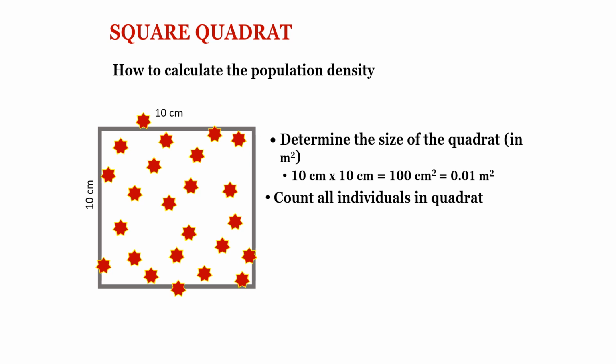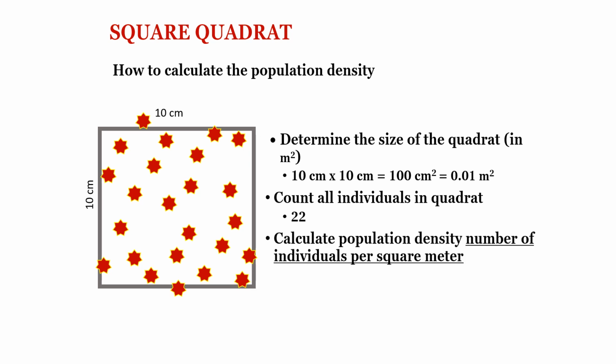Now after that, we will count all the individuals which are present within the boundaries of this square quadrat. So let's just count. After counting, we found out that there are 22 individuals present inside the boundaries of the quadrat.